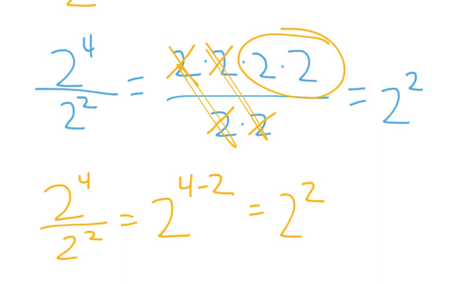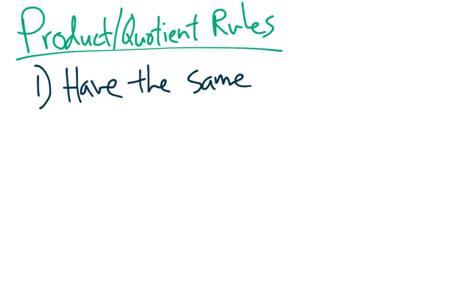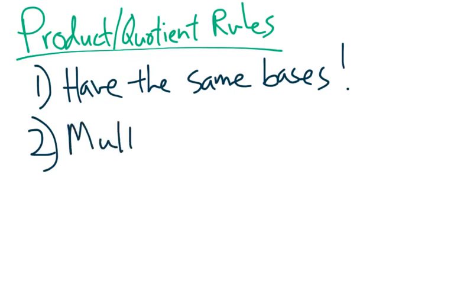So let's sum up the product and quotient rule here. Summing up the product rule and quotient rule, first and most important is you have to have the same bases. Second is that if you are multiplying together, you add the exponents.